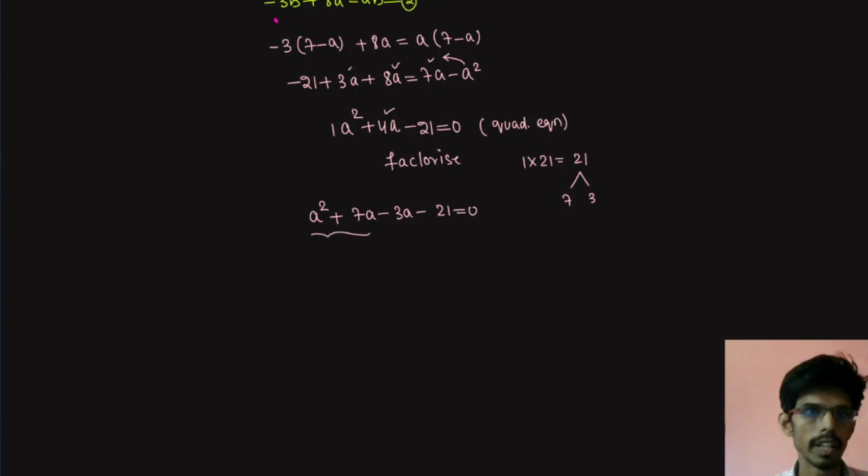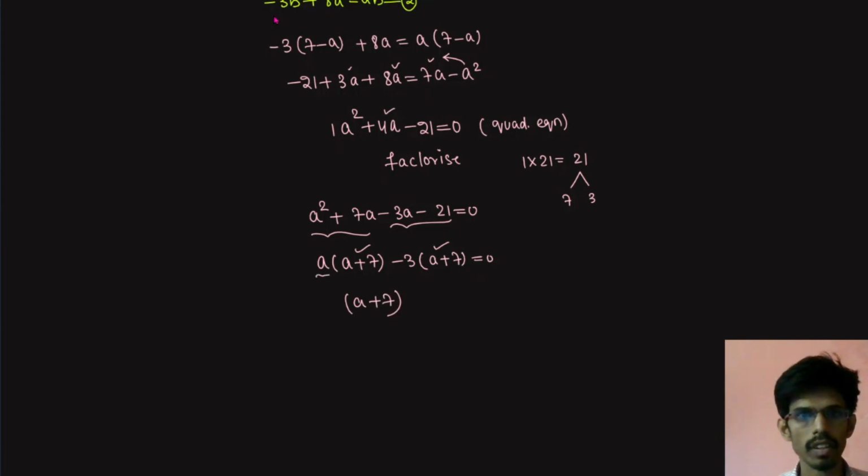Now take a common from the first two terms. Now take minus 3 common from the other two terms. So I'll get a plus 7 equal to 0. Now these two are the same, can be taken out as common, left with a into a minus 3. Now equate to 0, I'll get a is equal to minus 7 and a is equal to 3.